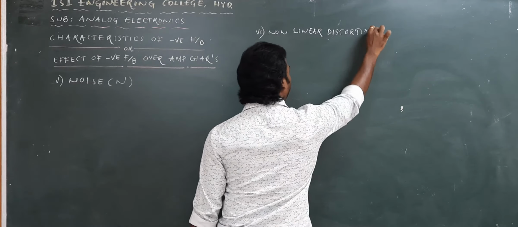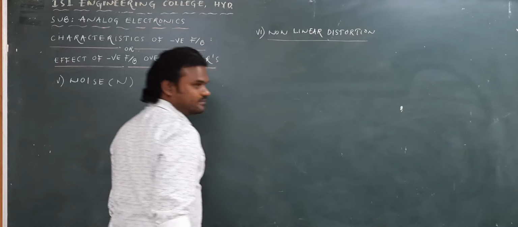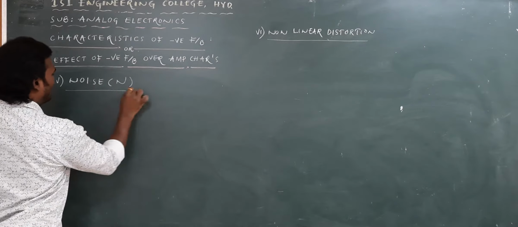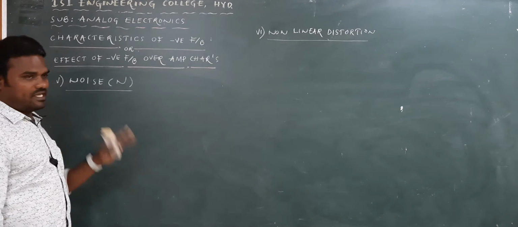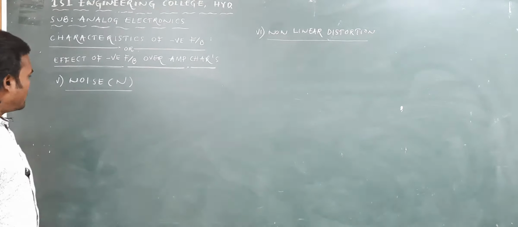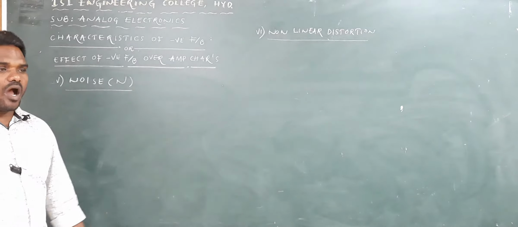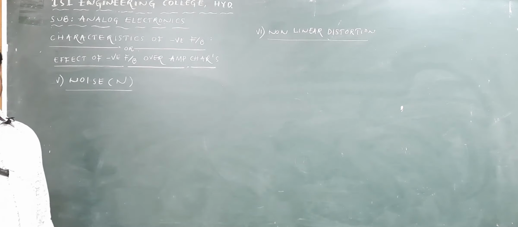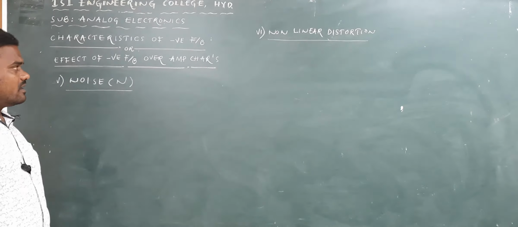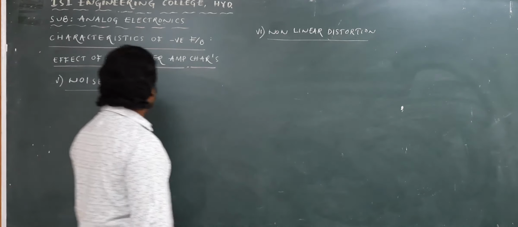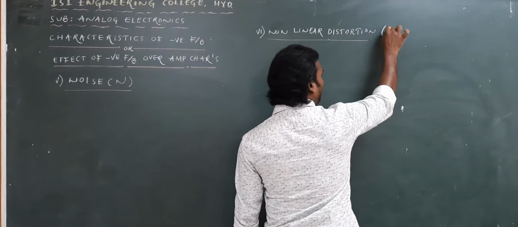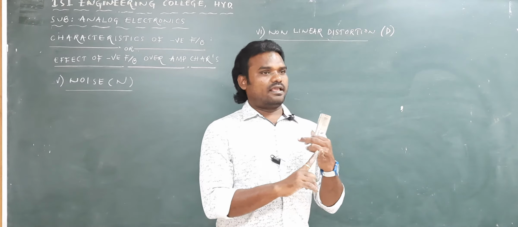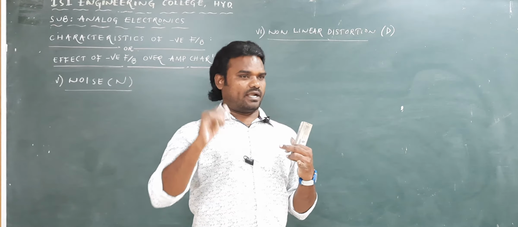Distortion is nothing but a disturbance. Noise is nothing but an unwanted signal present in the input or output signal. By employing negative feedback, we have studied that gain decreases as the first point.